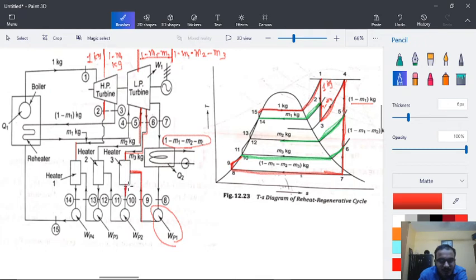At point 10 we are having 1 minus m1 minus m2 kg.